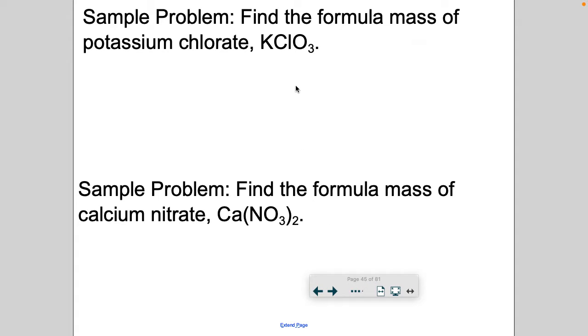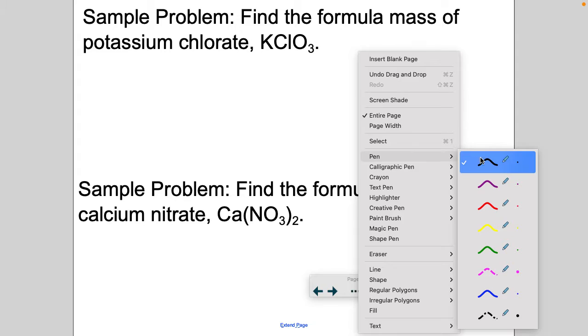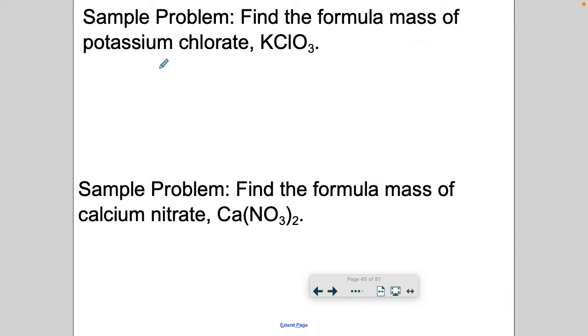Okay, sample problem. Find the formula mass of potassium chlorate. So I'm going to get my pen here. So just break it down. Okay, I got a K. That's potassium. K equals 39.1. It says 39.1.